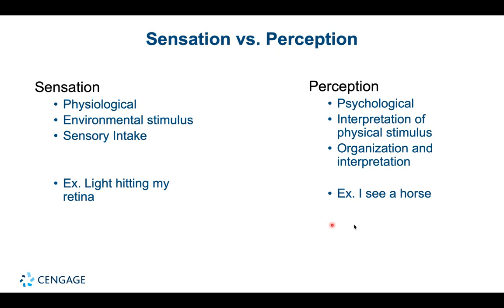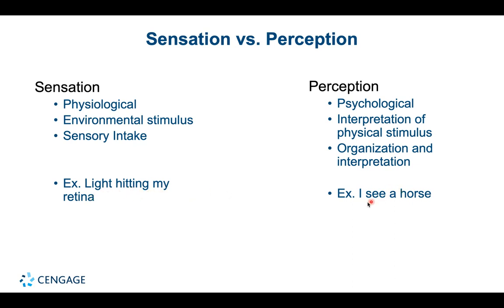A perception is sort of the next level up, which is more psychological because it involves an interpretation of this physical stimulus, and it involves your brain applying some kind of organizational and interpretation systems or structure to that information, such that we're not really talking about the light hitting your retina anymore.